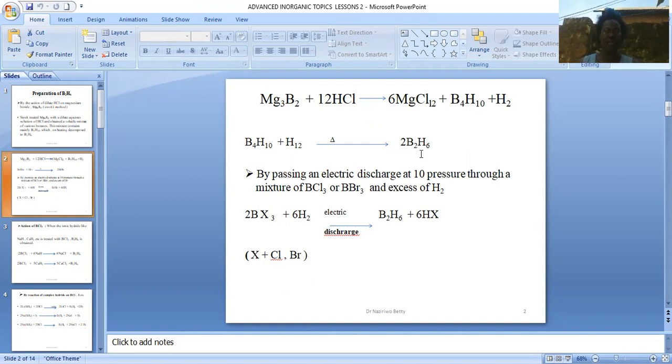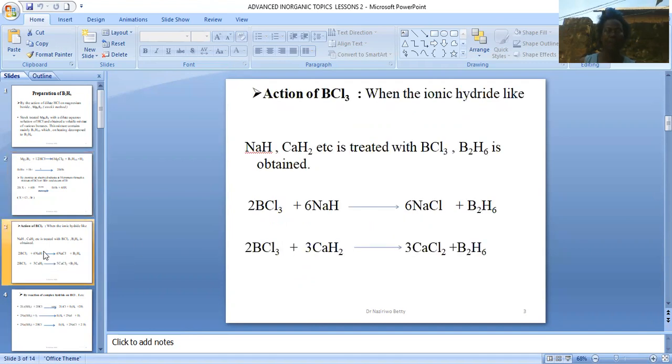diborane is formed. Another method is by passing an electric discharge through a mixture of boron chloride or boron bromide and excess hydrogen. BX3, where X is either chlorine or bromine, plus hydrogen and an electric discharge results in diborane. Another method is the action of boron chloride.